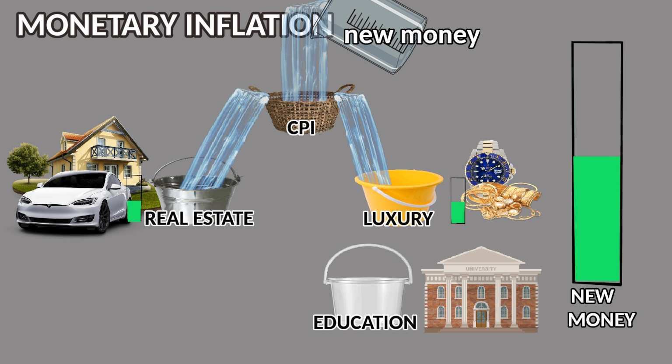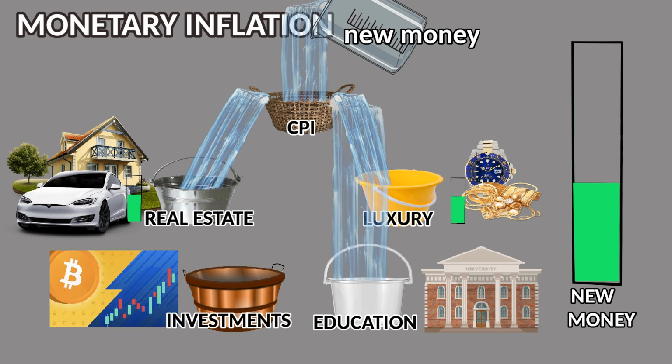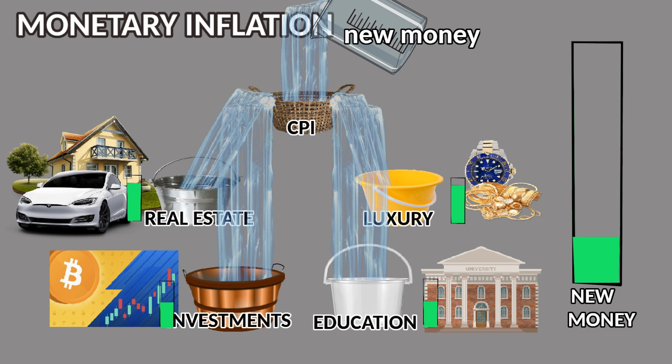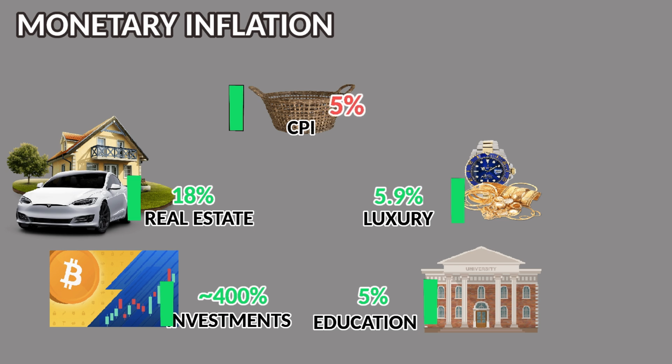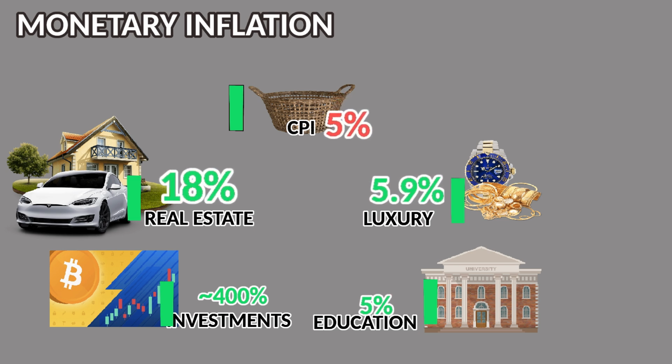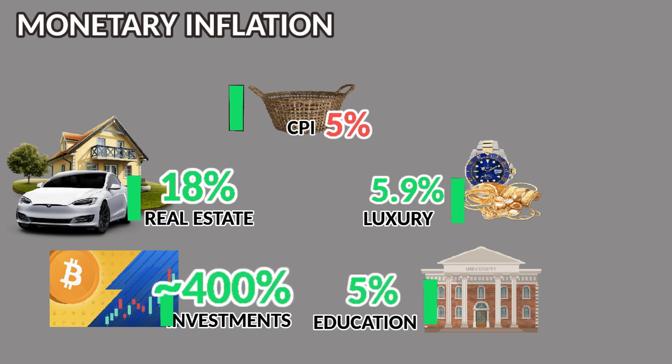Sometimes to a good school for a child, or investments, which can be Bitcoin or stocks. These items on the bottom usually rise, or more often beats inflation, because the remaining money flows to them after the common items has already been paid.